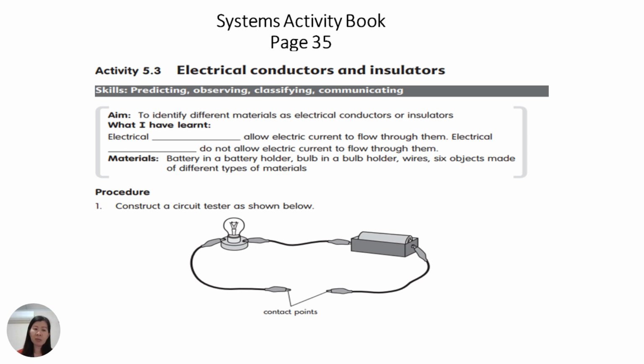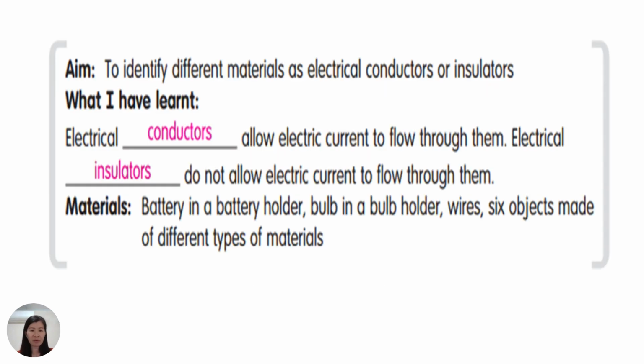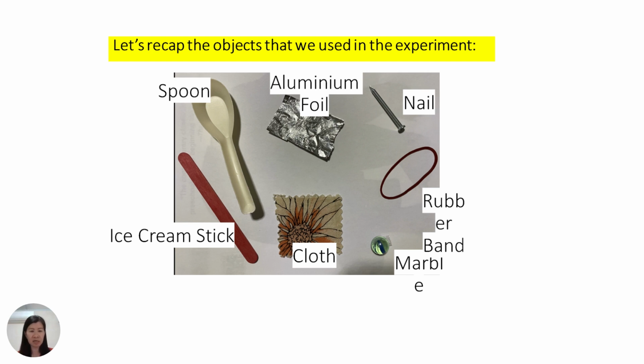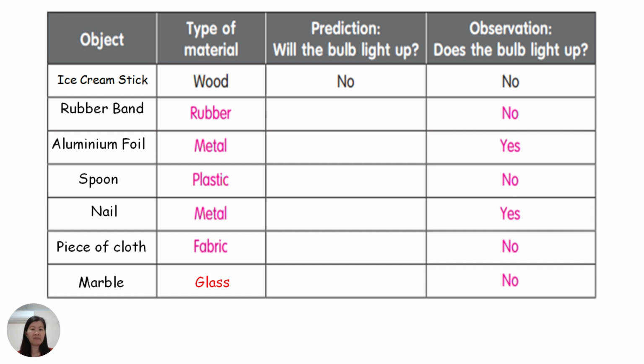All right, now in our science activity book, we actually did this activity, just a recap. We used these objects and materials. If you had observed the video, you would have noticed what materials the objects are made of, and the observations are as follows, as can be seen in this table.